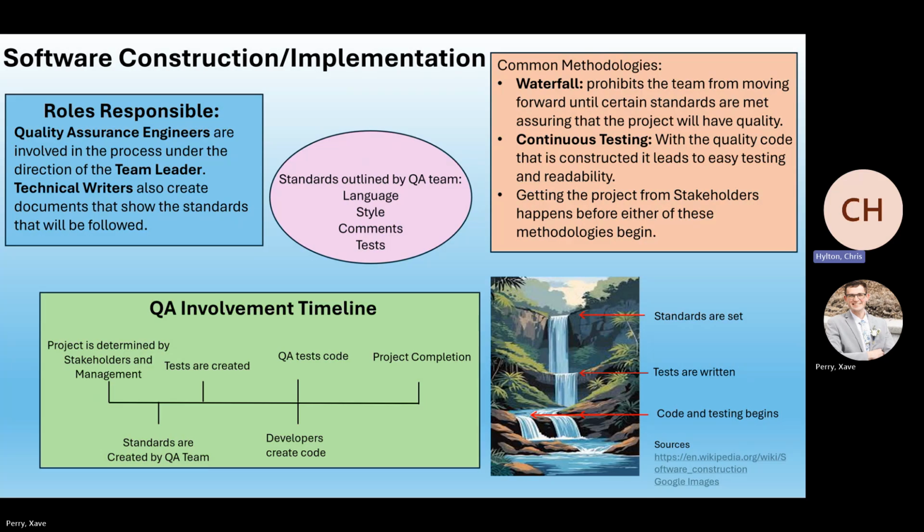This is really nice because it prevents tasks from piling up on one another. Another methodology that we can use is continuous testing. With these pre-written test cases, the project can be tested throughout its development.